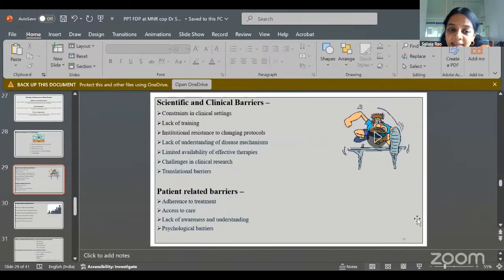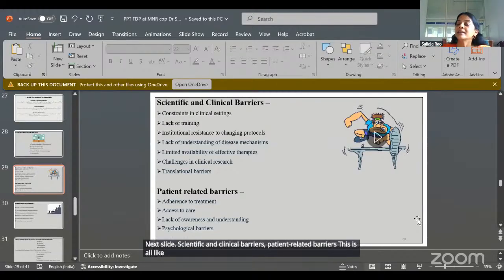Scientific and clinical barriers, patient-related barriers. This is all like encouraging and then discouraging.